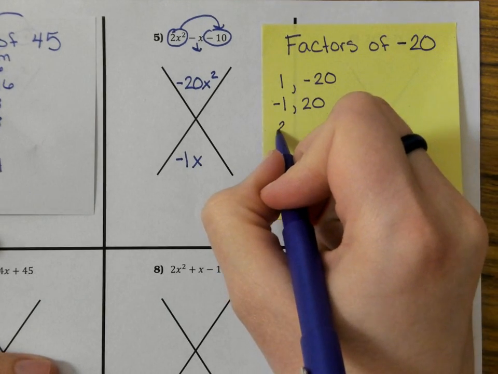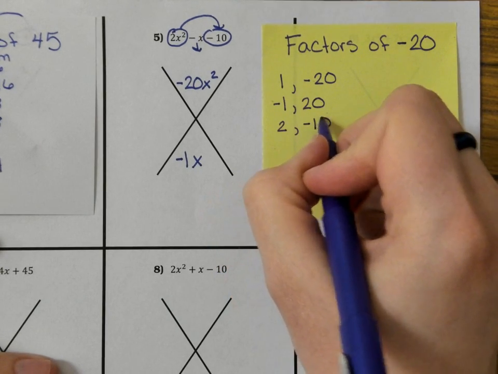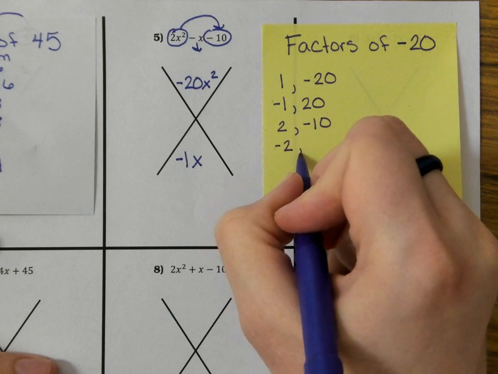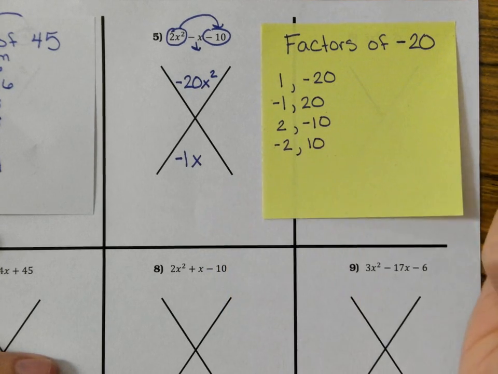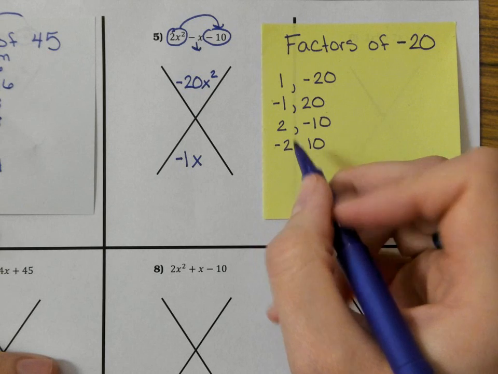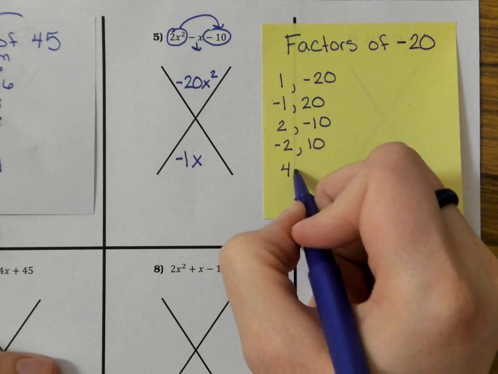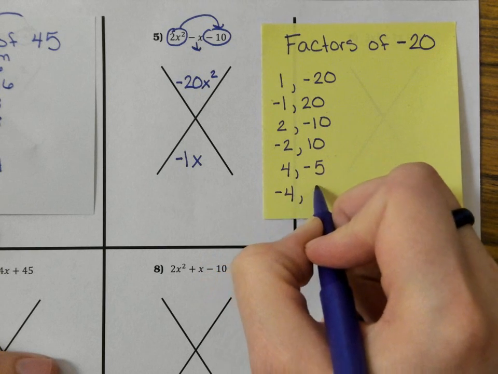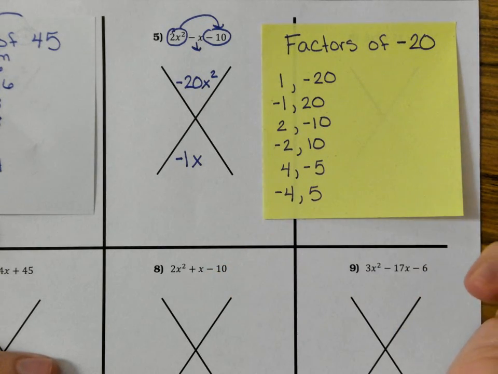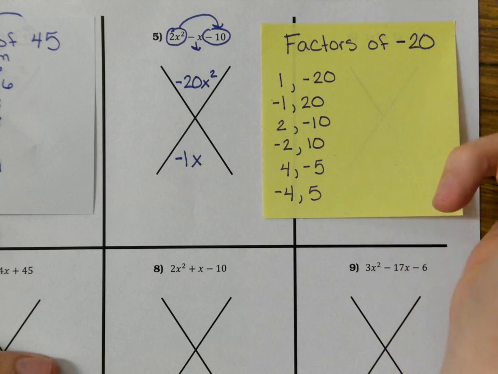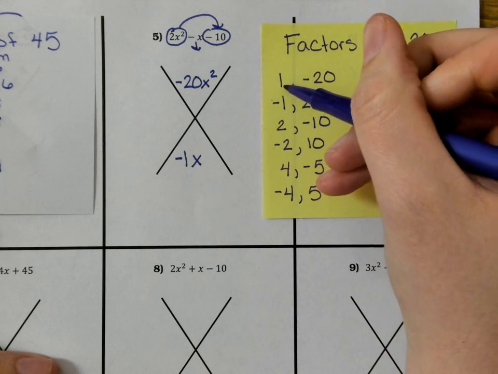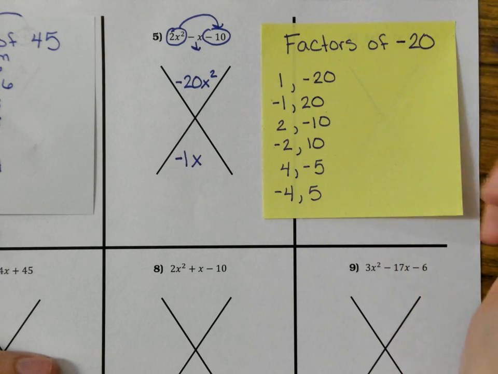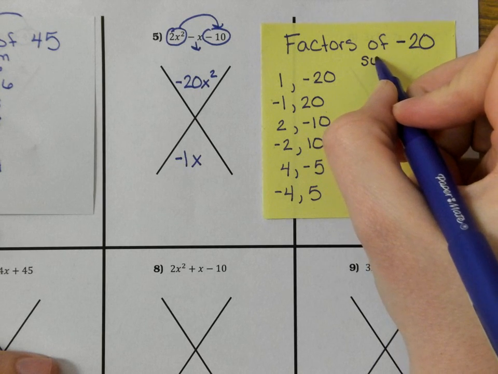And then I have 2 and negative 10. Or negative 2 and positive 10. 3 does not go into 20, but 4 does. 4 and negative 5, or negative 4 and positive 5. And those are all my factors. And so I wanted to show you this one different just because one has to be positive and one has to be negative. And you flip the sign.